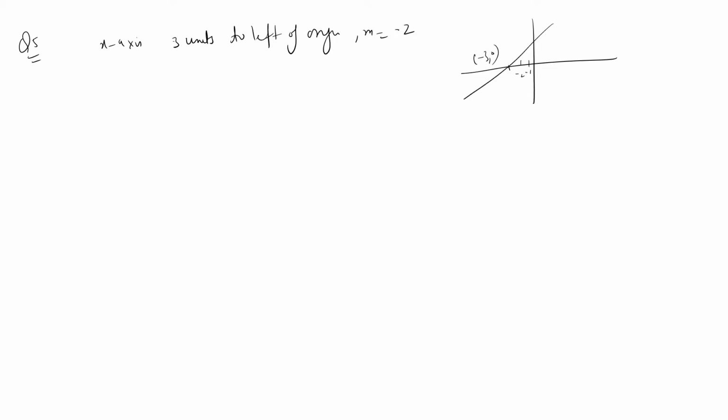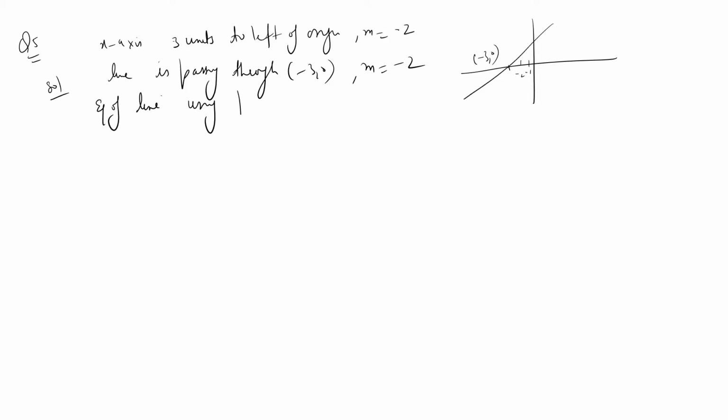So the line is passing through the point (minus 3, 0) and slope is minus 2. So the equation of the line can be found by using point slope form.